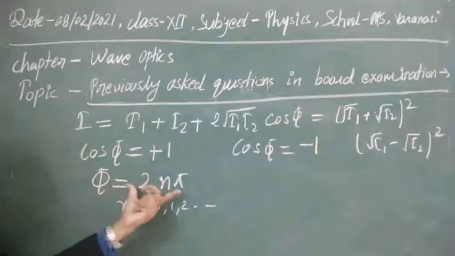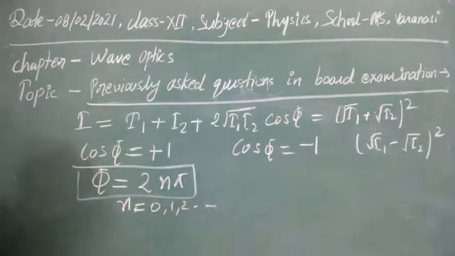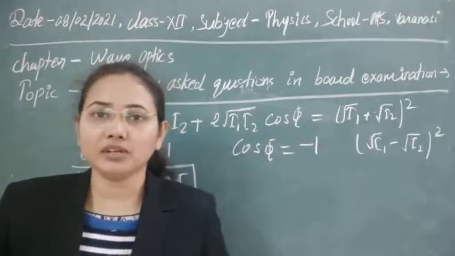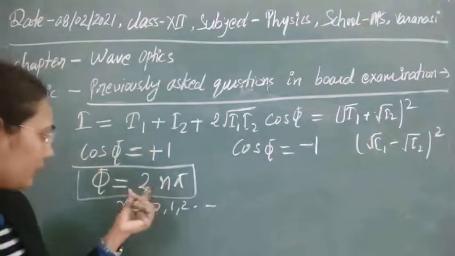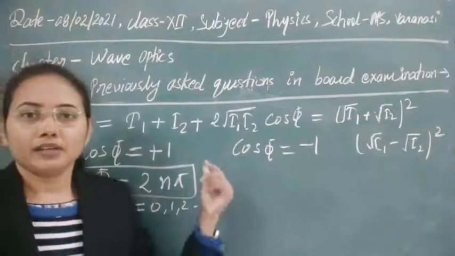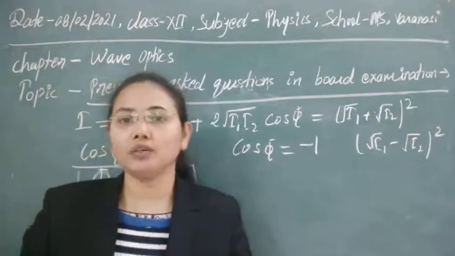This is the general value of phi, meaning whenever the phase difference between two interfering light waves is an even multiple of pi, then we get constructive interference at that point.